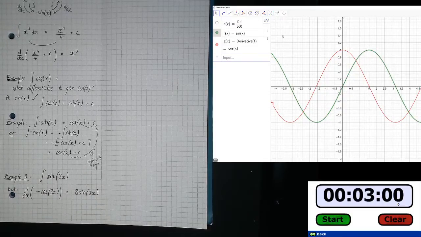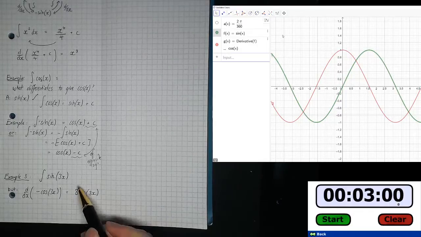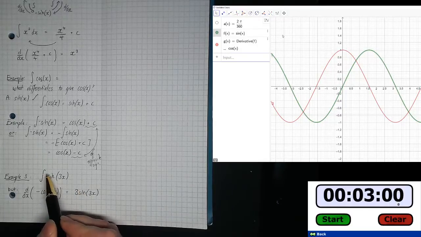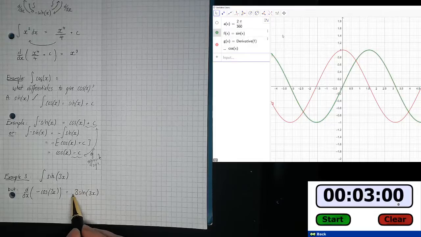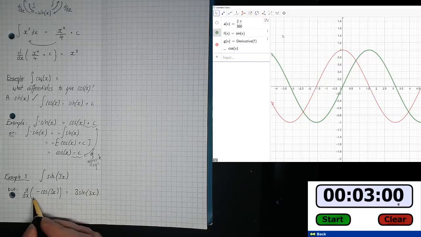So I need to compensate for the fact that I should have a multiple of 3 here, but I don't, by dividing by 3.